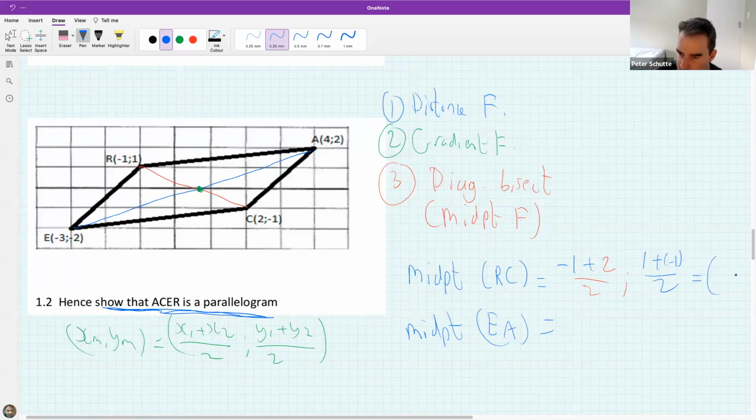Which seems to give me a 0.5 for that one. Okay. And Solvo agrees with me. So we've got one for RC. So that's good news. Now find me the midpoint for EA, which is this diagonal over here.